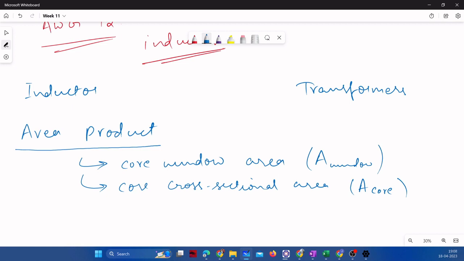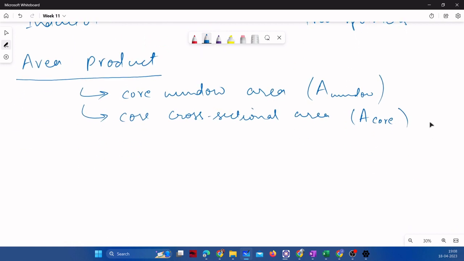Now, how to compute window area A_W? Could anyone help me with the expression of window area? How much will be the window area? Okay, so it is generally written with a factor: window area factor into window area.